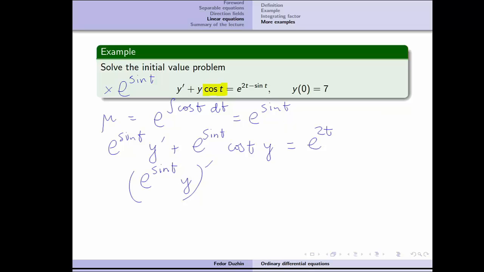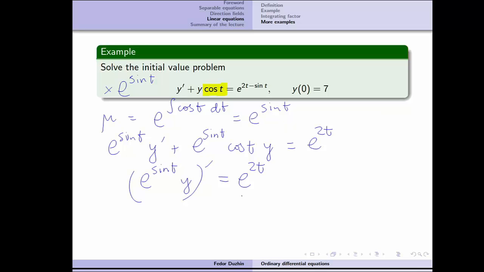Is it correct? Well, actually yes, if you differentiate the product, then you will get e to the sine t times y prime, that's the first sum, plus y multiplied by the derivative of e to the sine t, which is exactly e to the sine t times cosine t, equals e to the 2t.